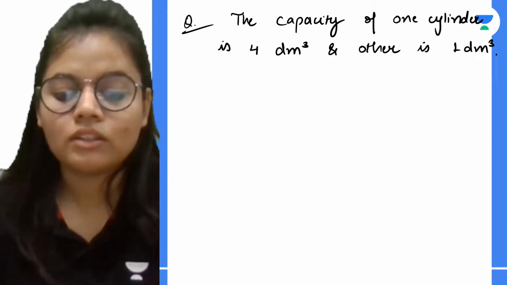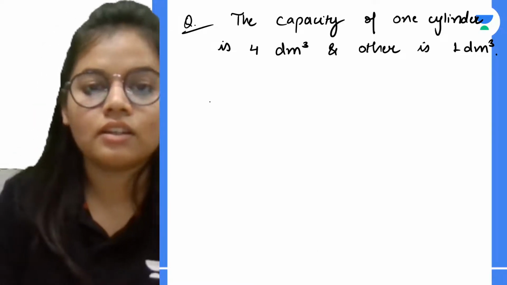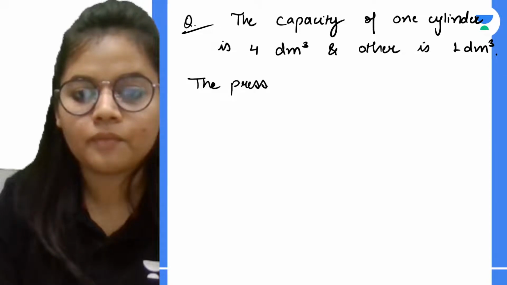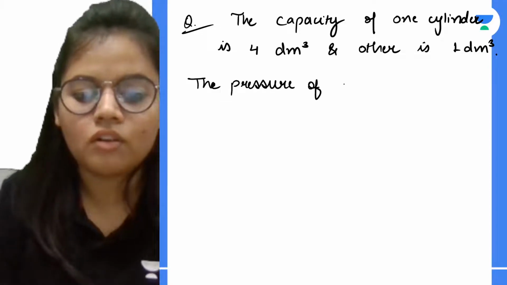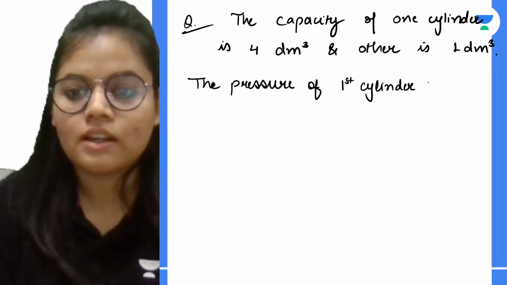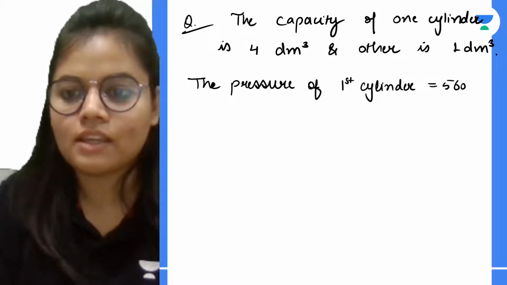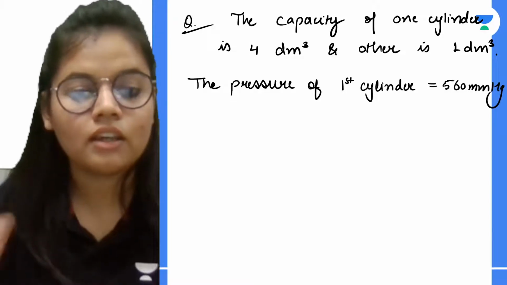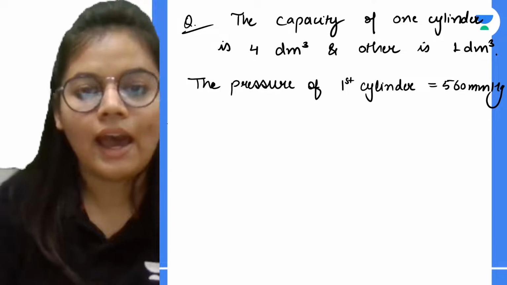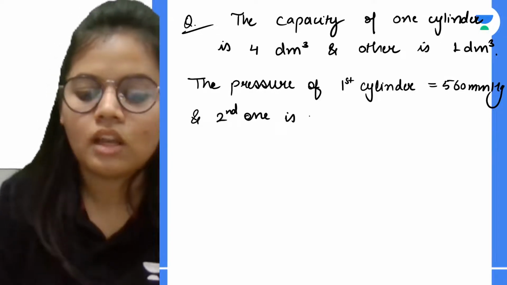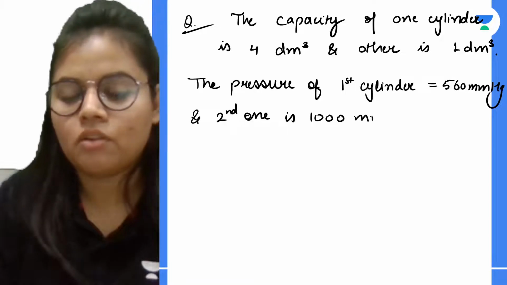Now the next thing that is given is the pressure of first cylinder is equal to 560 mm of mercury. Okay, the cylinder 1, and second is 1000 mm of Hg.